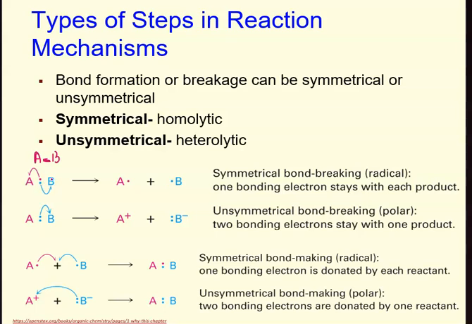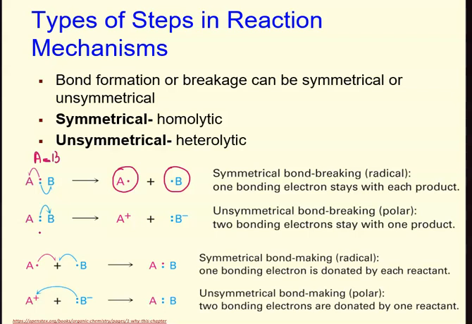If both atoms A and B have equal electronegativity, then both can take one electron each, and this type of bond breaking is called symmetrical or homolytic bond breaking. What ends up forming are intermediate products called radicals. A species with a single electron is called a radical.